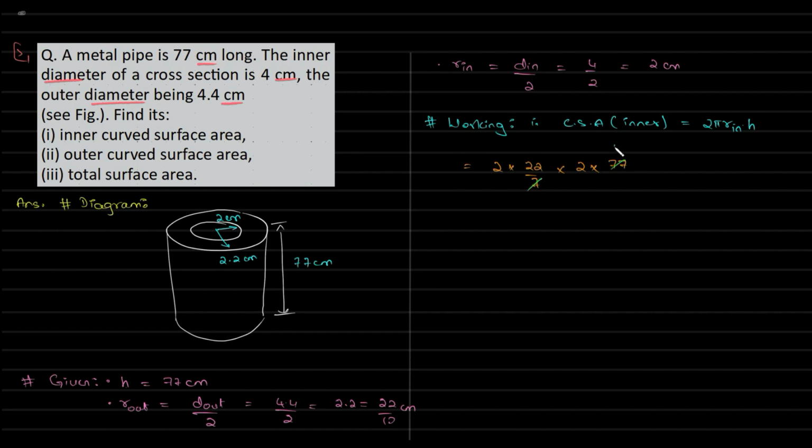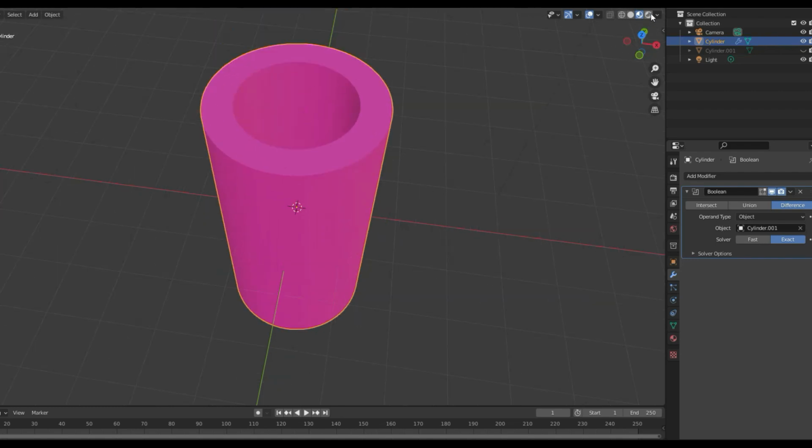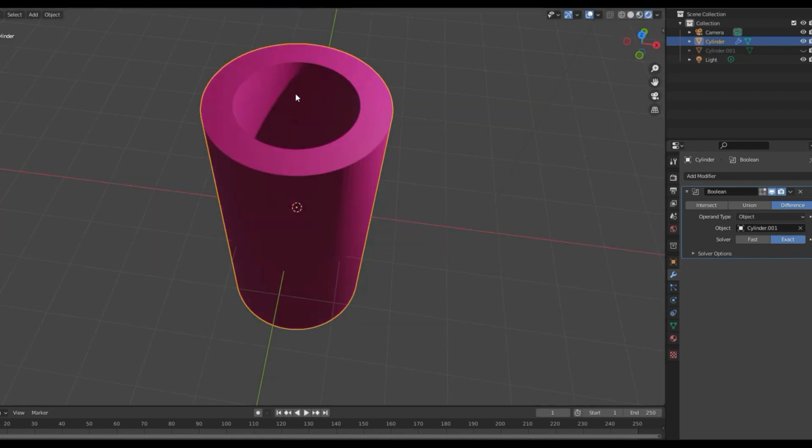This is a clear cancellation, and we have 22 into 22, so 484. 2 into 11 is 22. 22 into 22 is 484 into 2. So this will be 968 centimeter square. So this inner part, the inside part, is 968 centimeter square.